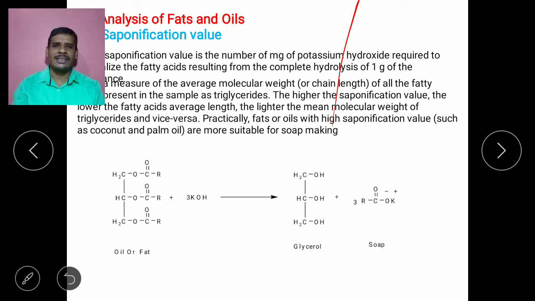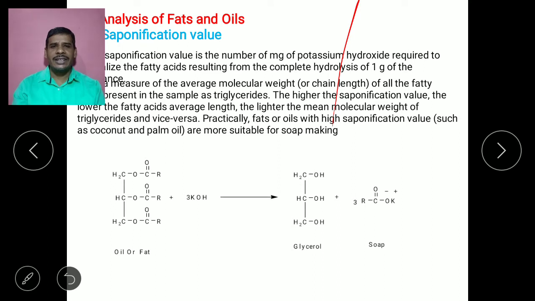We already discussed hydrolysis reactions in the chemical properties. Hydrolysis means when oil or fat reacts with sodium hydroxide or potassium hydroxide, there is a formation of glycerol and the sodium salt of the corresponding carboxylic acid, that is, soap.